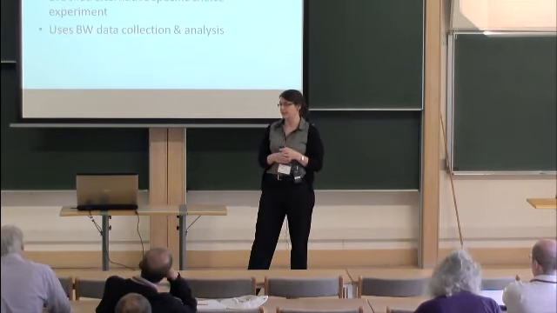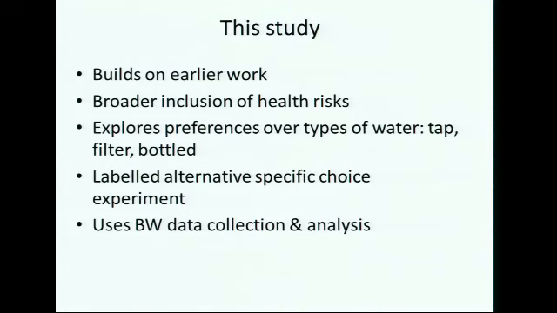Okay, so what our study does is it's obviously building on this earlier work. We have a broader inclusion of health risks with both the microbial illness, the bladder cancer, but then also the issues around oral health with adding or not adding fluoride. And then we were very interested in these preferences and potential substitution across different types of drinking water.